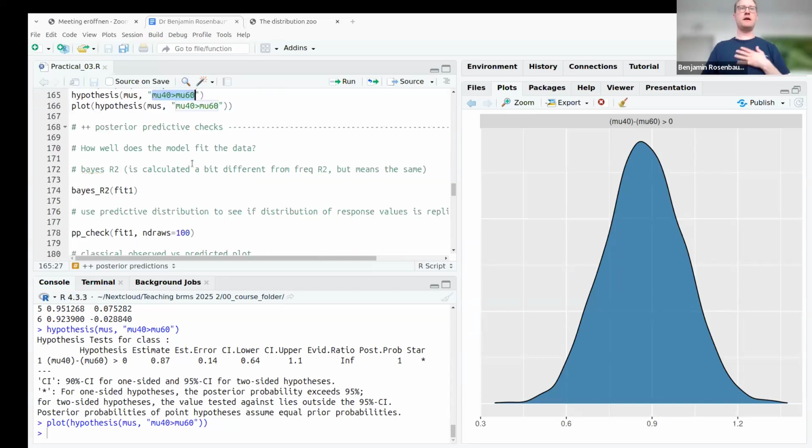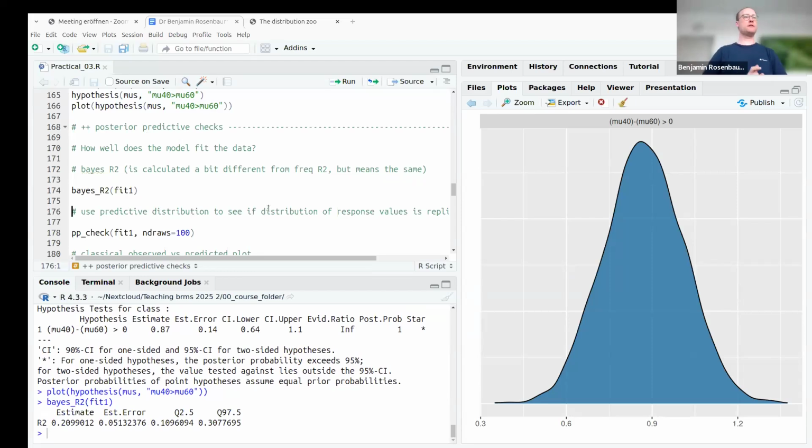We didn't cover everything yet, so I'm talking in the last, let's say, 10 minutes about posterior and also prior predictive checks. After model fitting, you would be interested in whether your model and your data are matching up nicely. You can calculate, for instance, the R-squared value.